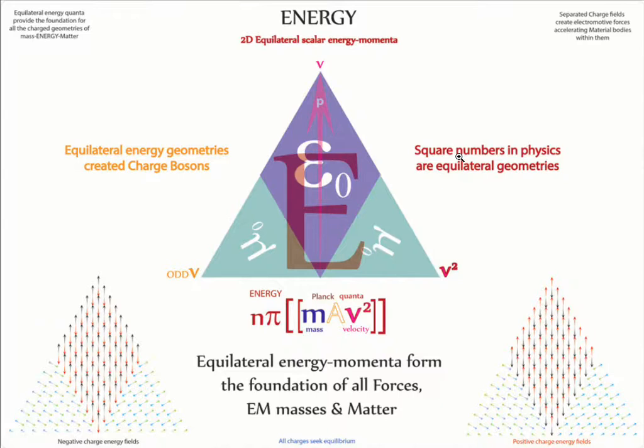They can either create fields of interaction within the particle accelerator itself, or they can interact via their charged geometries, weak and strong force, to create various forms of mass energy or matter within the collision itself.